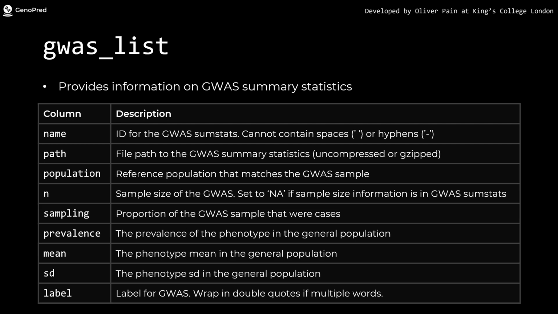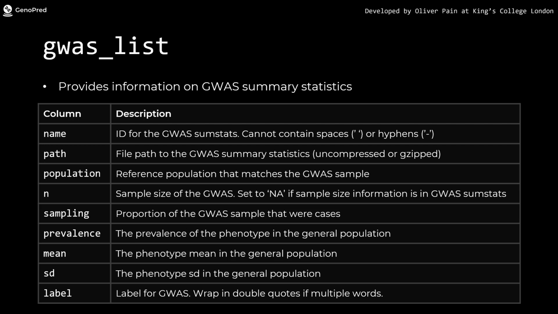Then population indicates the reference population that best matches the GWAS sample. If the GWAS is a mixture of ancestries, then I would suggest specifying the population that matches the majority of individuals. Then the column N is an optional parameter that can be used to specify the sample size of the GWAS if there was no sample size information within the sumstats file.